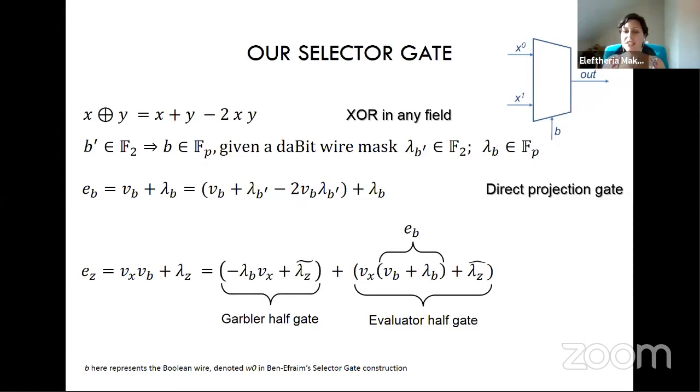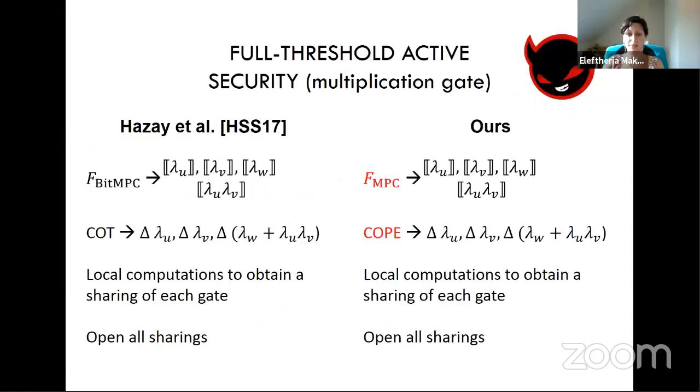Now, what's the gain here? Instead of having to send 2p plus 2 ciphertexts, we actually need only p plus 4: 2 for the projection gate, 2 for the Garbler gate, and p for the evaluator gate.